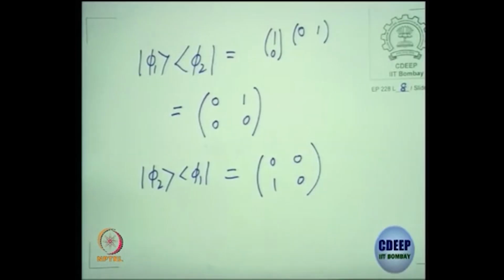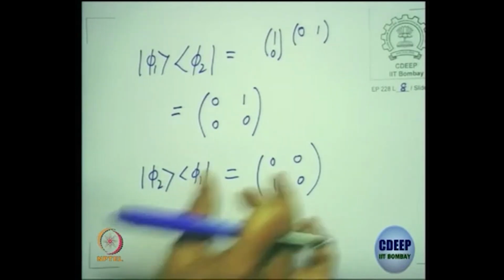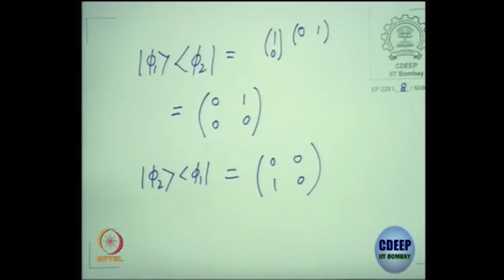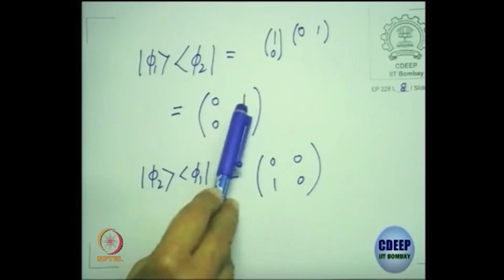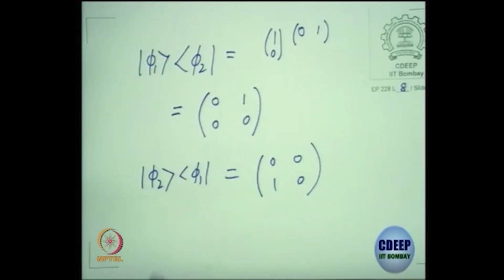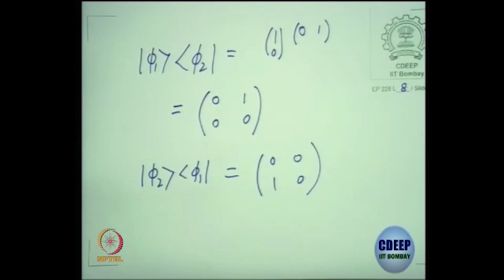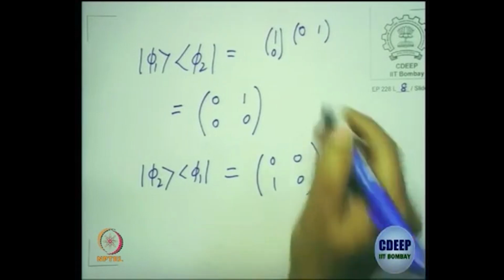So what have I tried to do? I have tried to show that the 4 possibilities of outer product which I can write for the 2 bases in the 2-dimensional vector space can be given as 2 cross 2 matrices with only one entry which is non-zero. This appears like the 1-2 element which is non-zero. This appears like the 2-1 element which is non-zero. And the earlier ones were the diagonal elements, 1-1 was non-zero, right?